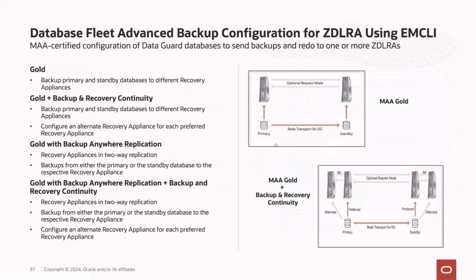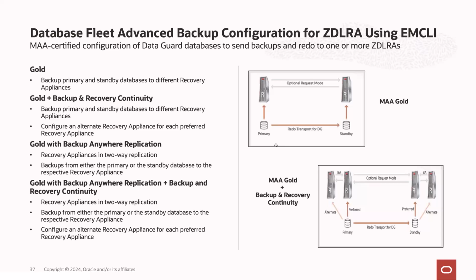Configuring backups in an advanced configuration using standby databases and multiple recovery appliances has previously been a manual task and requires deep knowledge. This can now be done using EMCLI. We support MAA Gold configuration, where primary and standby databases are backed up to different recovery appliances.